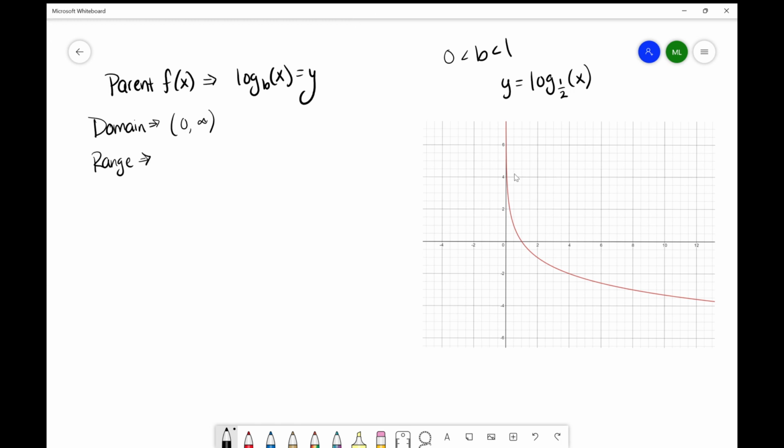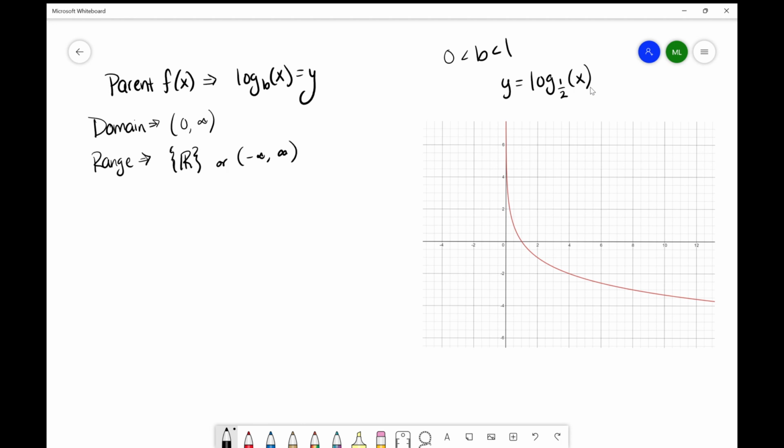If we look at our y-axis, our graph includes all the values, so all the y values are included. This is the set of all real numbers. The squiggly brackets are for set notation. If you choose to write it in interval notation, this is from negative infinity to positive infinity.